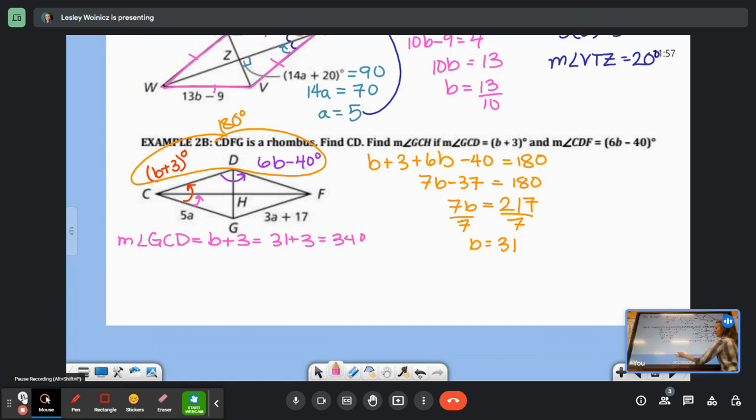And then we'll just take that in half. GCH is half of GCD. 34 divided by 2 is 17. I'm also getting 17. GCH is 17.